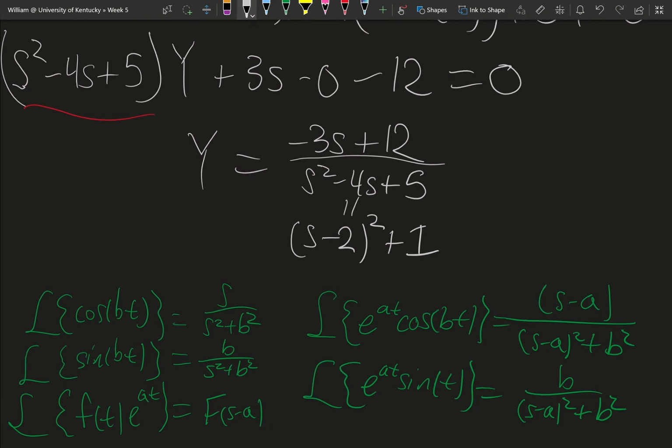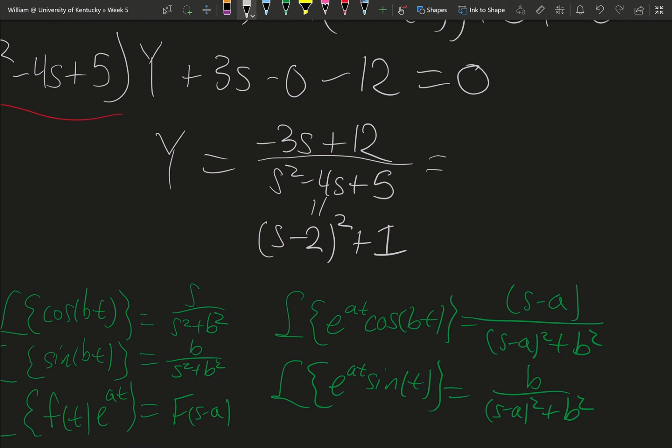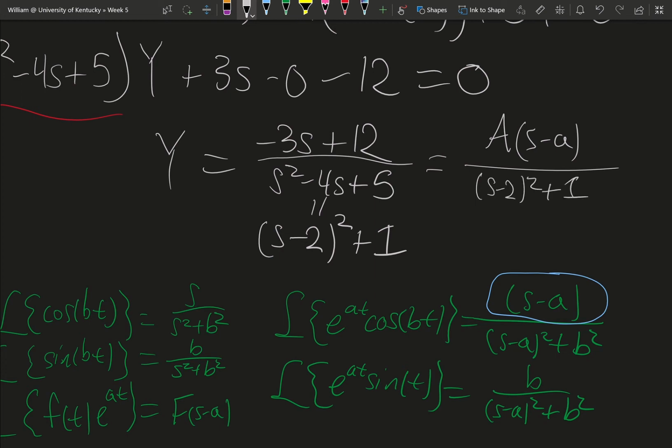So here's the point I want to make. This is a non-standard partial fraction decomposition because we have no real roots. Instead, we write it like this. We have a, and now here's the trick: I want to write it like s minus a. That way, at the end, we know what we're going to end up with in terms of the Laplace transform.